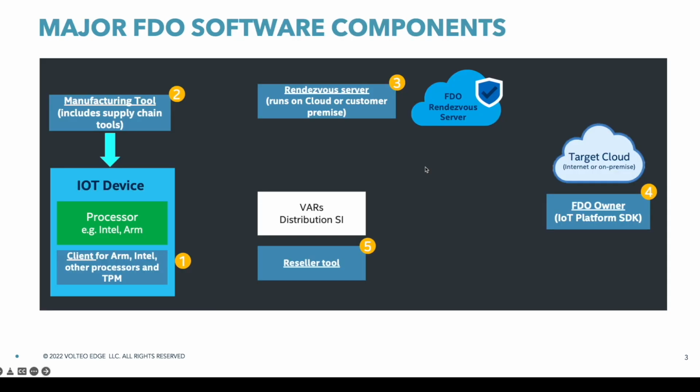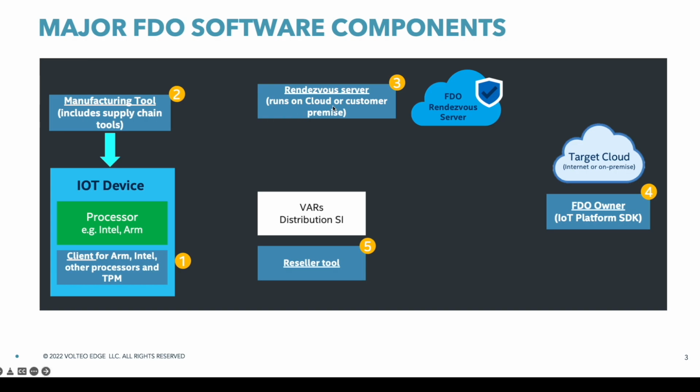And in FIDO, there are 4 major software components to think about. Fundamentally, there's the IoT device or the computer device that is going to be onboarded. And this is not specific to any manufacturer or processor architecture. There's a manufacturing tool. This is the tool the manufacturer uses to put down the keys onto that device during the manufacturing process.